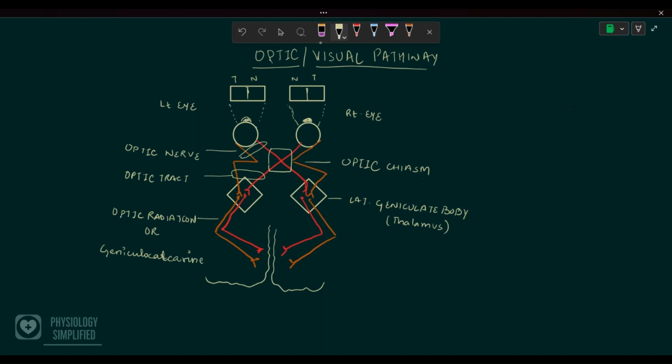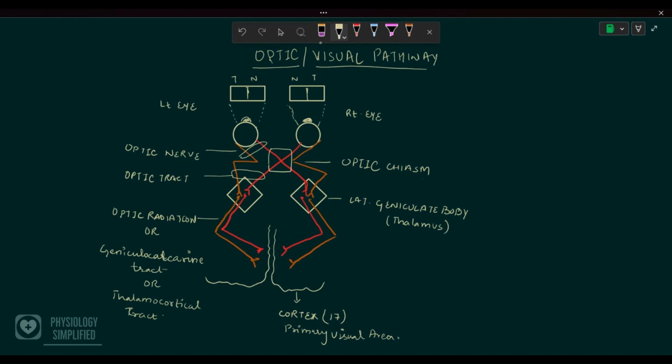Or because they're originating from thalamus and going all the way to the cortex, they are known as thalamocortical tracts. So this is your cortex, Brodmann area number 17. This pathway is perceived by the primary visual area of the occipital lobe.